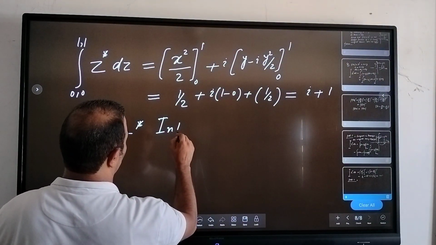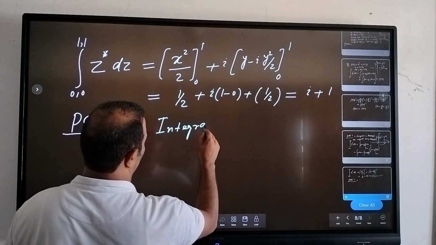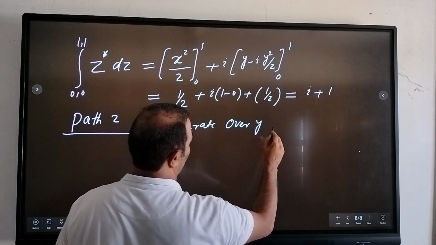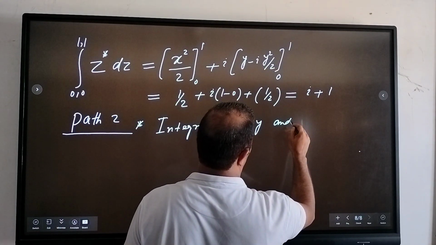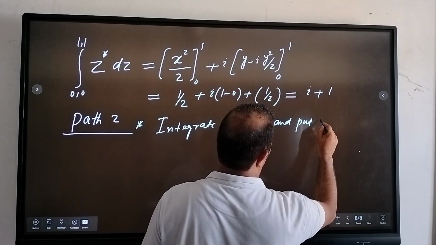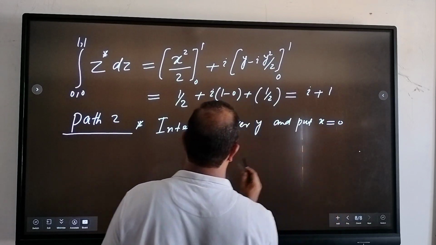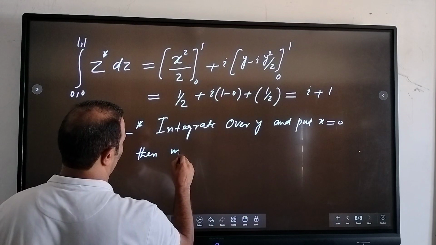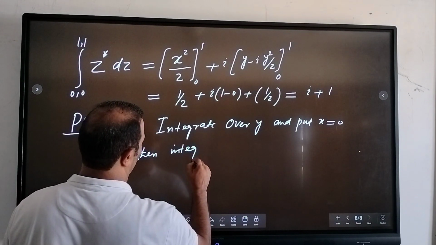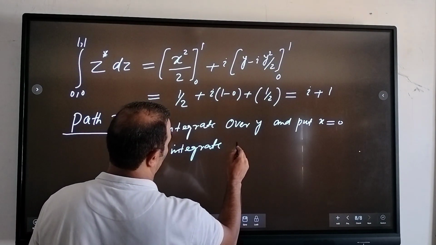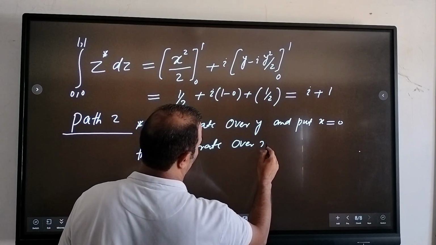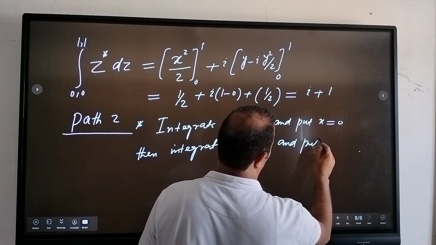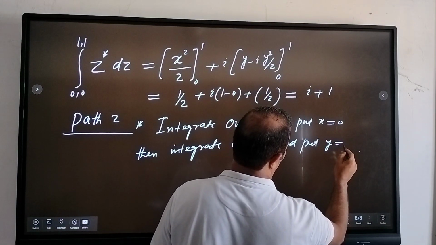you write that integrate over y and put x equal to 0, then integrate over x and y, right?